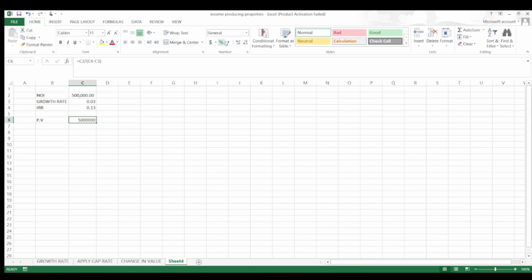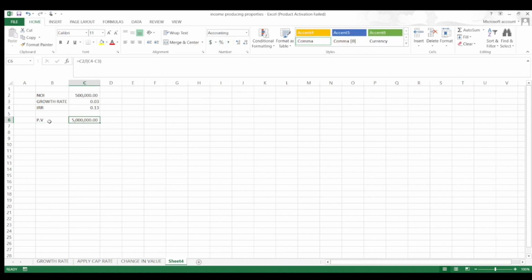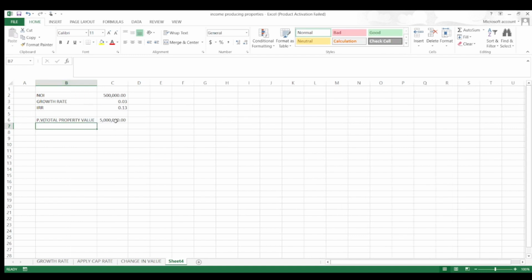Now with this information, we get that the present value, or the total value, of the property is 5 million. So the cost of construction, for example, was 4 million.